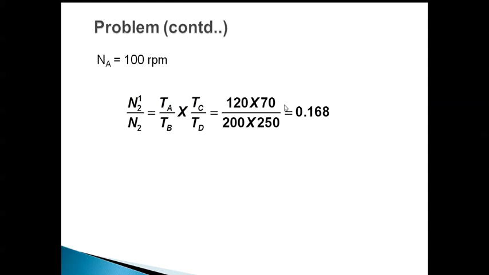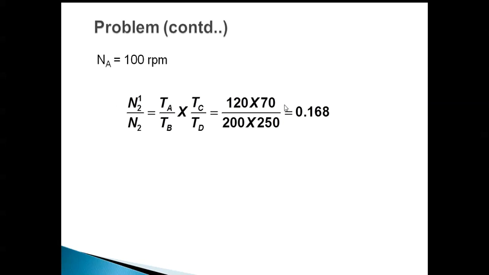N2 dash by N2 is equal to the product of number of teeth of drivers by the product of number of teeth of drivens. In pair A and B, TA will be the driver and TB will be the driven. In pair C and D, C will be the driver and D will be the driven. So N2 dash by N2 equals TA into TC by TB into TD.